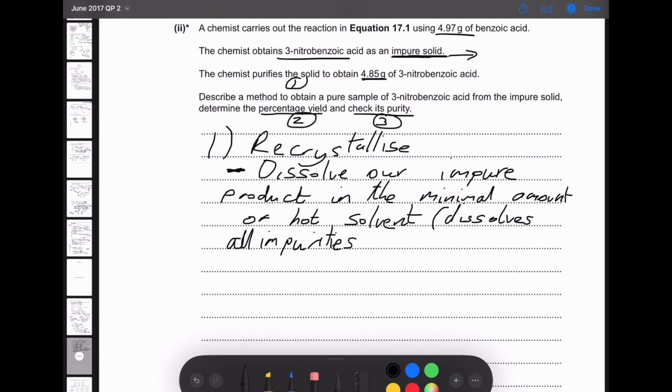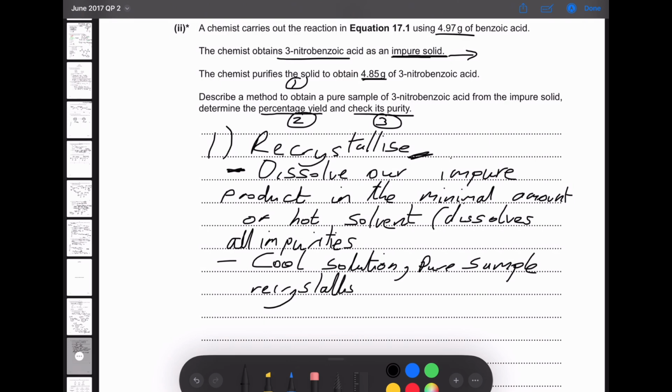So cool the solution, and your pure sample recrystallizes. Hence the name. Very cool. Pure sample recrystallizes, but your impure sample doesn't. I'm not going to put that because it's not really relevant, but it's good just to know.